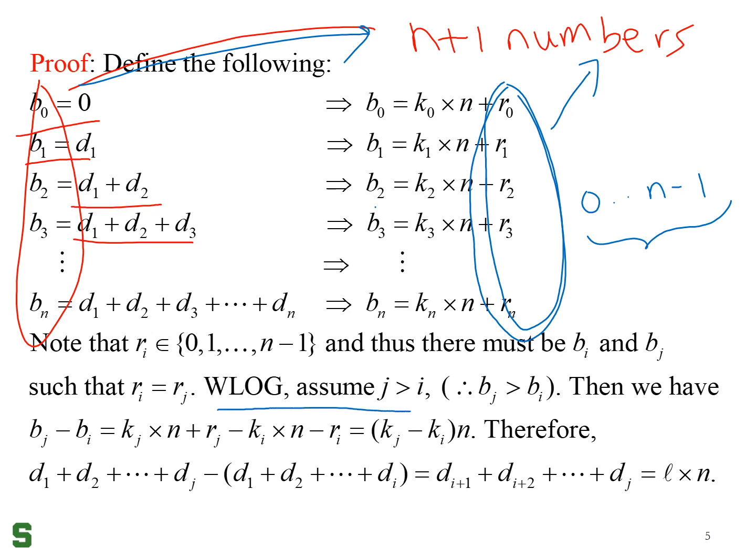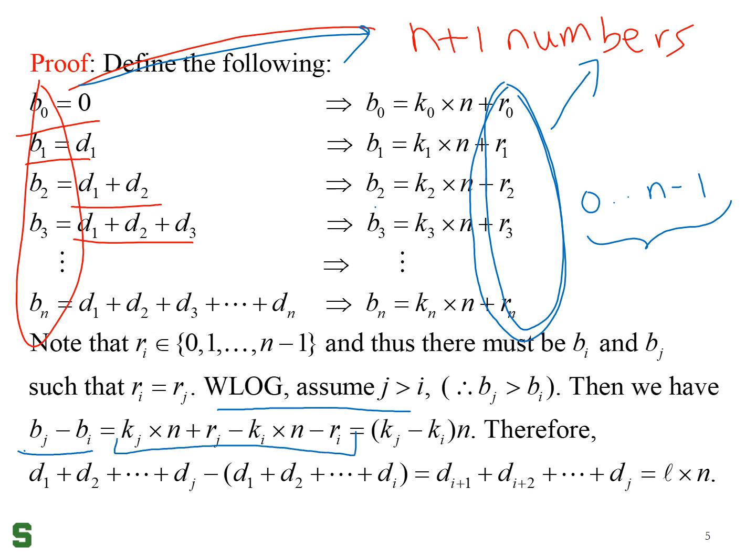So let's say that the repetition is somewhere. Without loss of generality, let's assume that the repetition is for bj and bi, and we will also assume that j is greater than i. Basically let i be the smaller number, j be the bigger number. So that means if I look at bj minus bi, then that is a multiple of n, because the remainder is the same.